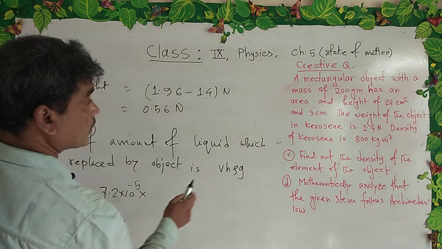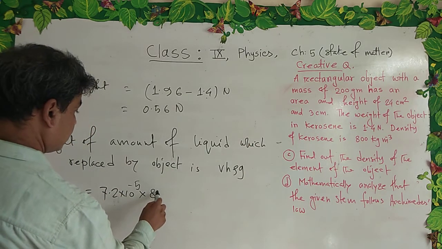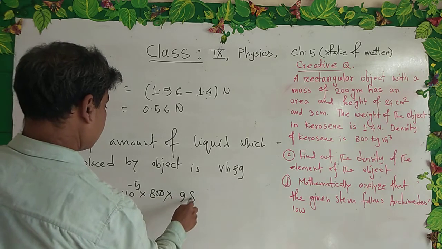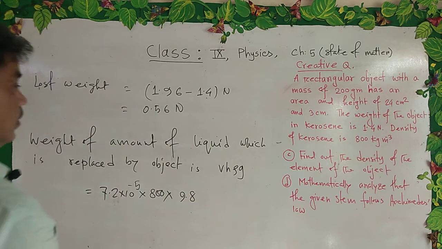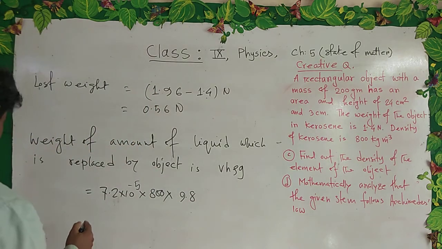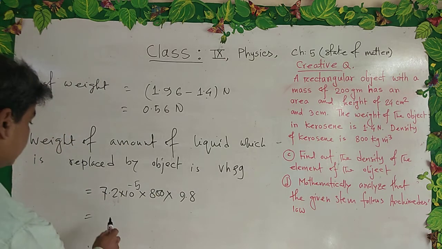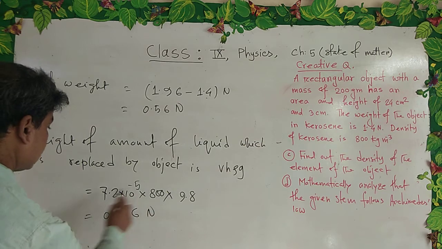In kerosene rho is 800, into 9.8, and by calculating this we get 0.56 Newton.